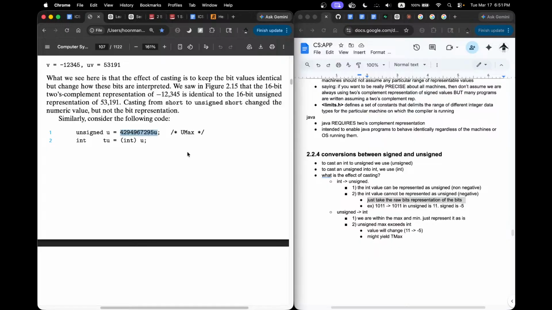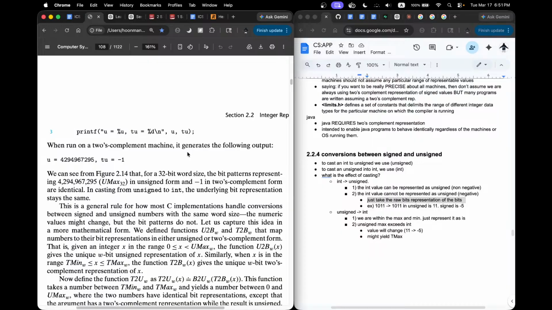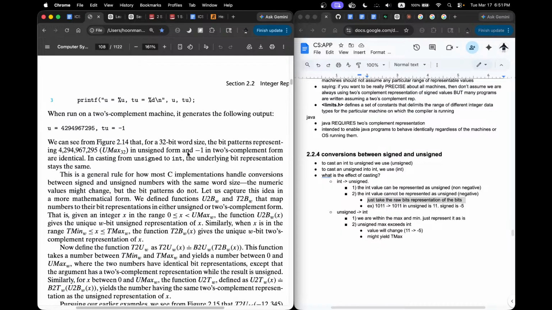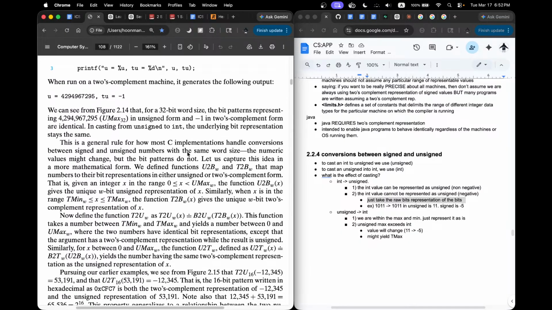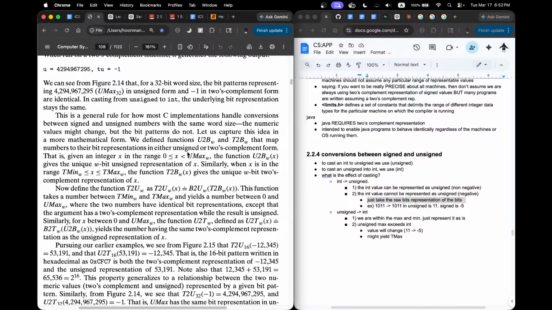Unsigned. Really large value. Probably turns into a negative, huh? Oh, negative 1. Why would that be negative 1? Dude, that makes so much sense.